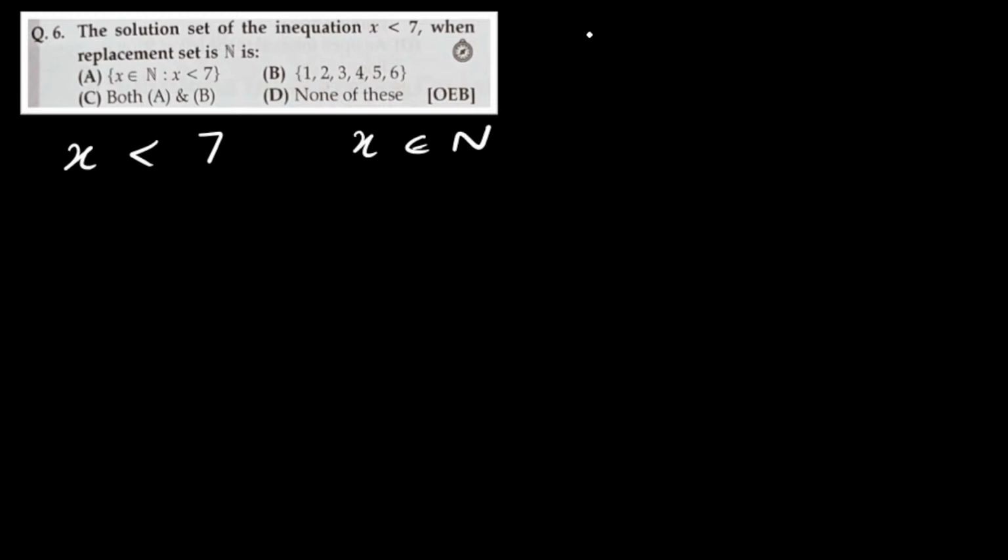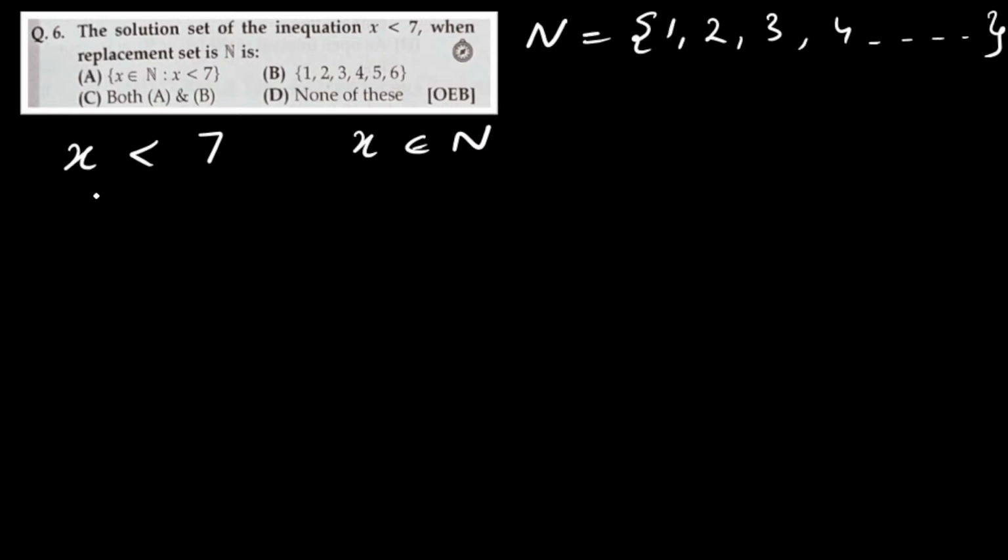So natural numbers, again we know, start from 1 to infinity: 1, 2, 3, 4 and so on. This is the set of natural numbers. So what can be the solution in this case? So x is less than 7, where x belongs to natural numbers.